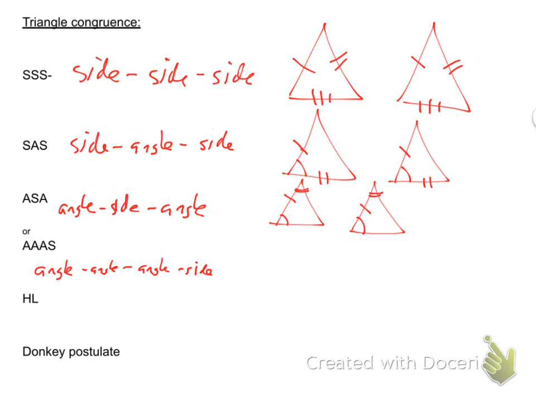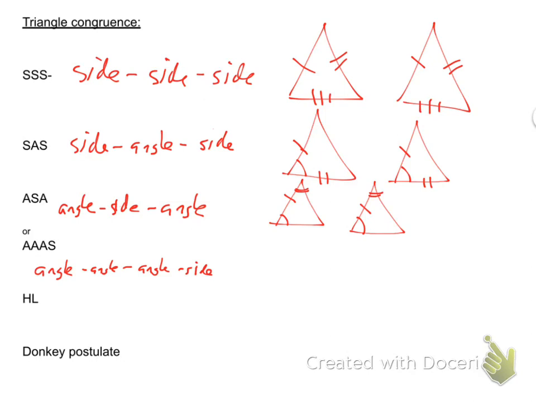But why is ASA and AAS kind of lumped together here? Andy? Correct. If I know two angles in a triangle, then you also know the third one.